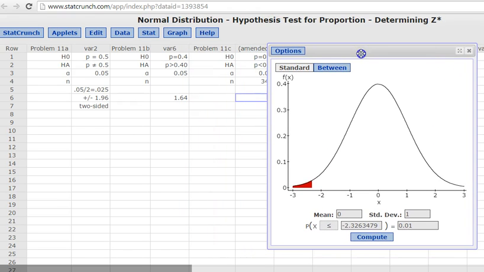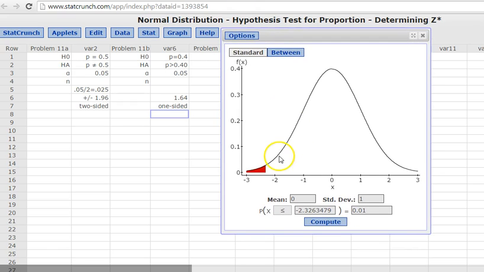So I'm going to put that here, negative 2.33. Here I have a one-sided test because I'm looking at less than, and again in problem 11B, I had a one-sided test because I was looking at greater than. So we're just looking at one side of the normal distribution curve.